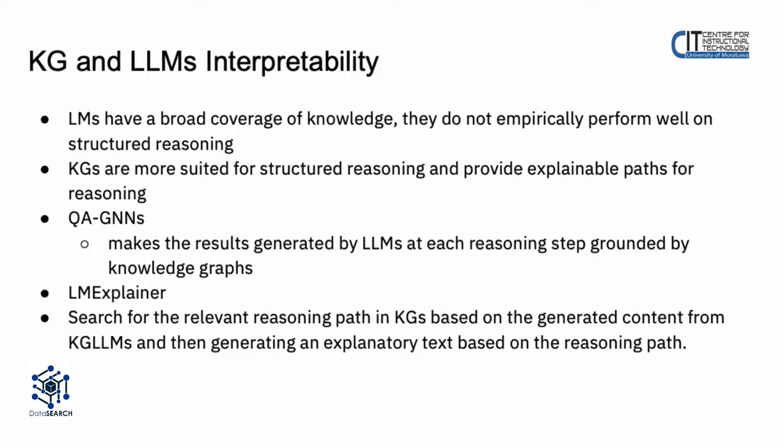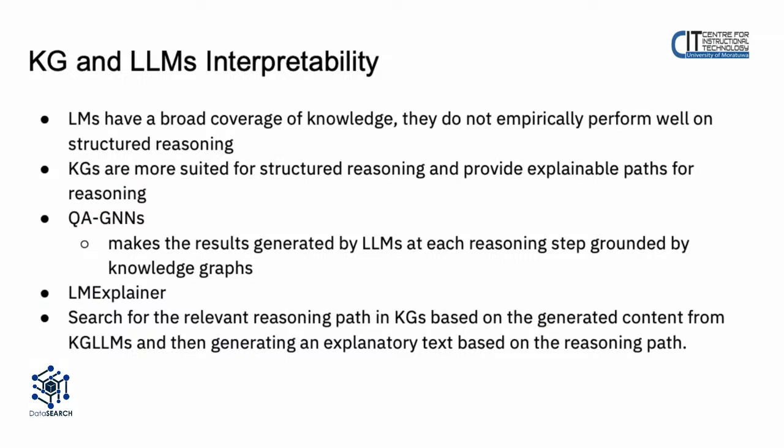And one model that I could find that can do this up to a certain extent is called QAGNN. It has a way to combine graph neural networks and LLMs, and also use that for reasoning.